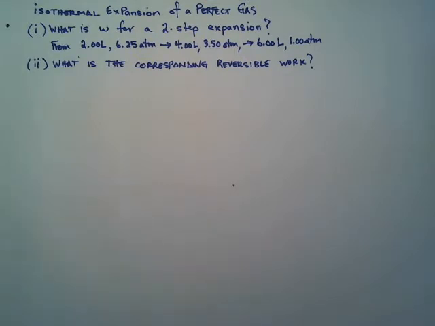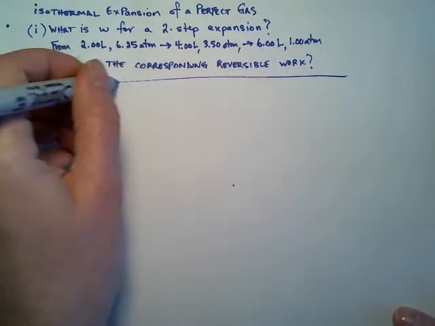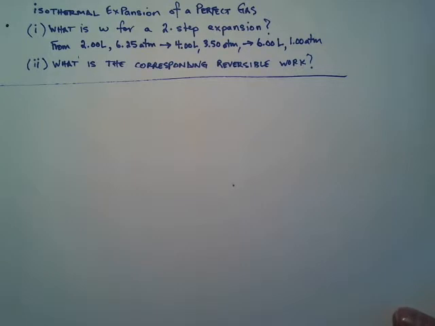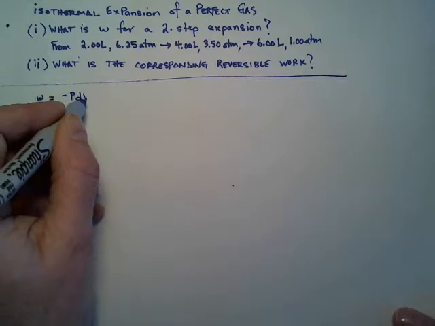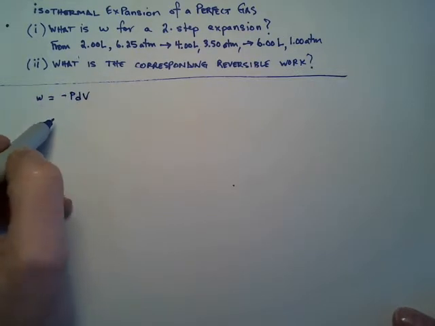And so we're being asked for the work associated with this process. So right away, let me just draw a line here, just to jot down some thoughts. We know that in any case, work is equal to minus PdV.